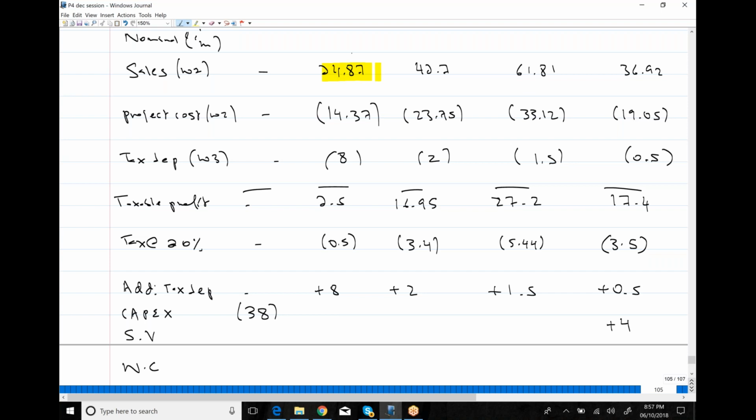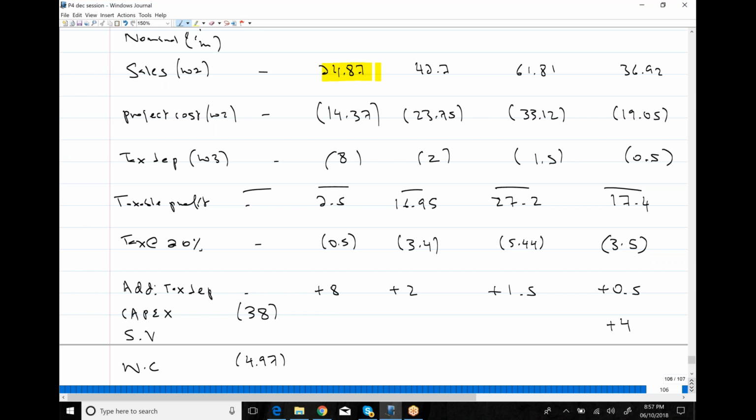So 20% of this will be recorded in T0. So 24.87 into 20%. That is 4.97. Okay, 4.97 negative.